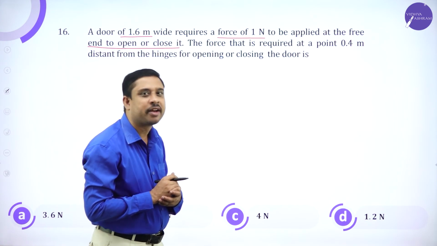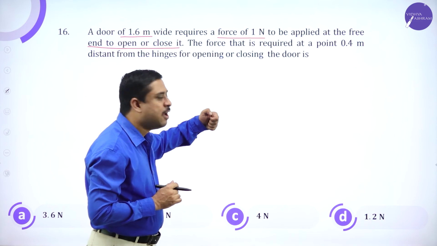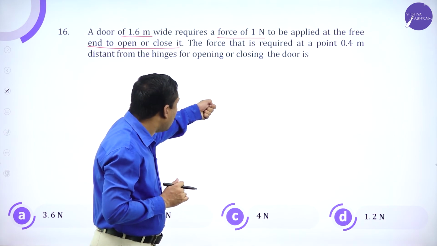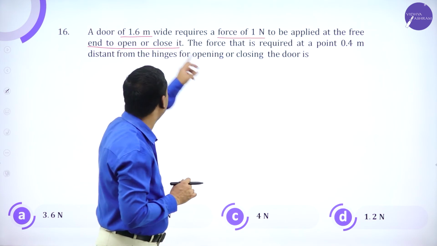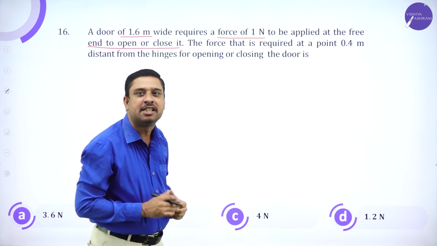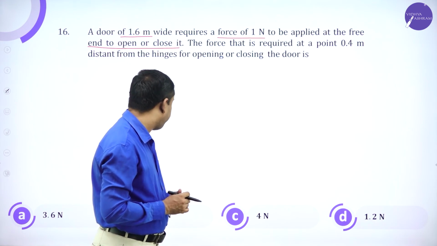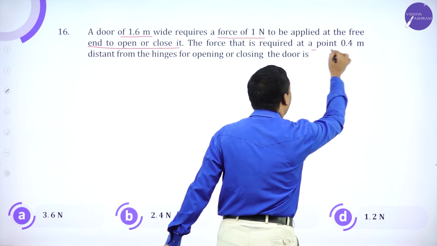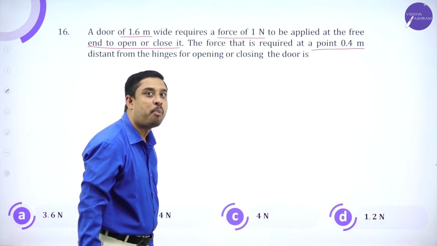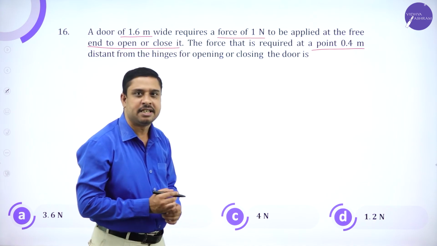Good, torque. So, I have to apply a force of 1 Newton to open a door whose width is 1.6 meter. Then the force that is required at a point 0.4 meter from the hinges.